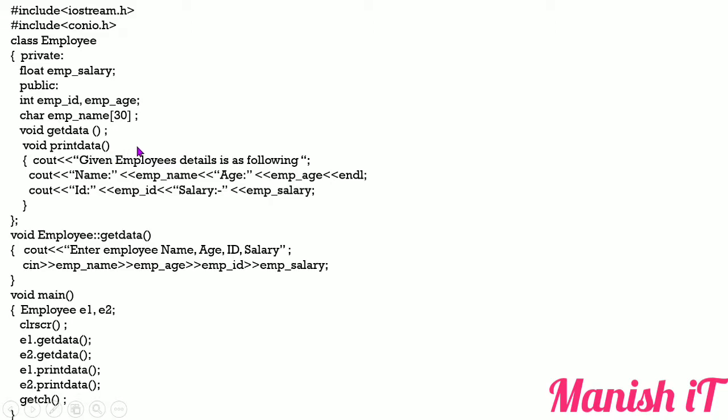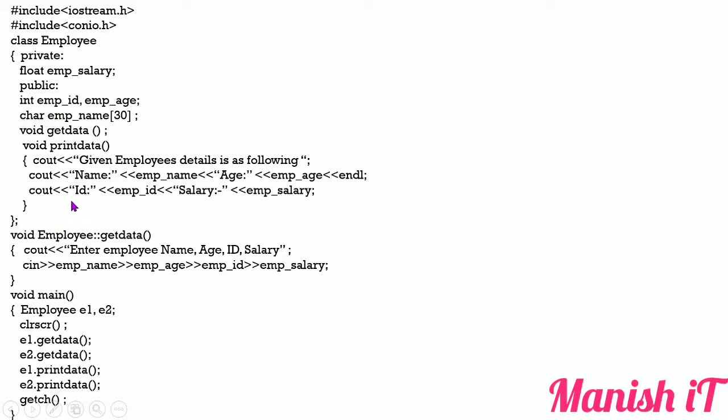It depends on your choice, but the rule is that whenever you want to define your member function from outside the class, then definitely you should write your class name. If you are not mentioning your class name, then you can never access your member function from outside the class. That's why you should mention your class name here.